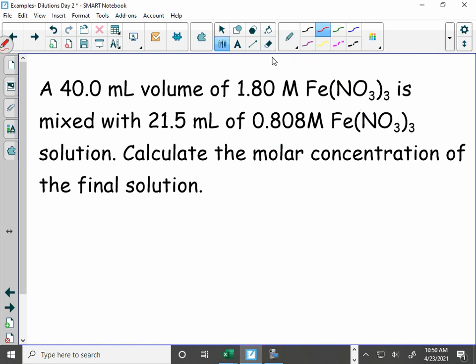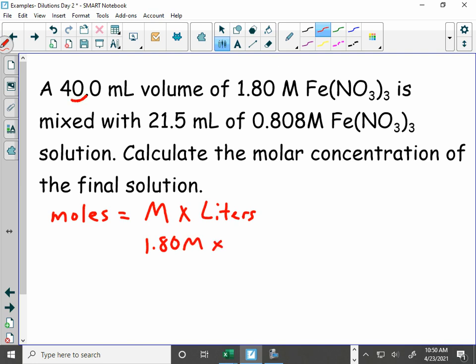So I know that my number of moles is equal to my molarity times my liters, right?